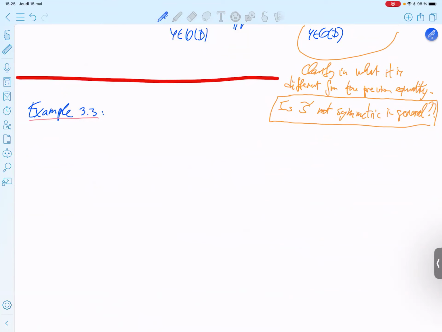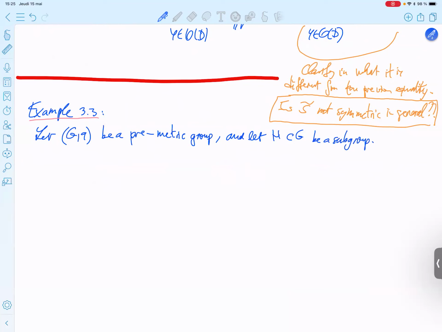You take a premetric group, and you take a subgroup B. Now you consider C to be the pointed braided fusion category corresponding to this premetric group.